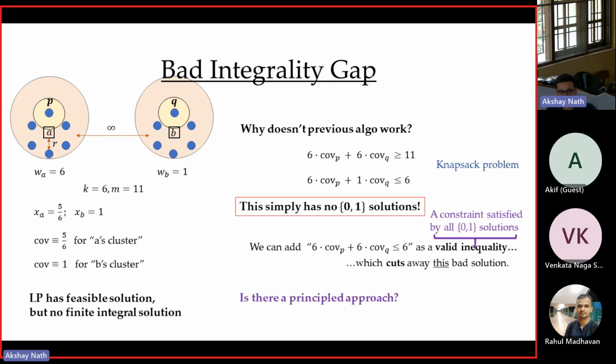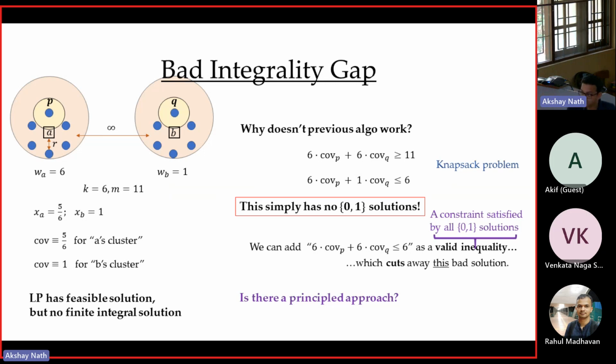The question is, is there a principled way of approaching this? Is this sort of clear? So more generally, I have a problem for which I have a rounding algorithm. Maybe I found that rounding algorithm by solving a simpler case. I take the same algorithm and try to run it. If it runs and rounds and gives me the 3-approximation, whatever approximation I'm choosing for, great.